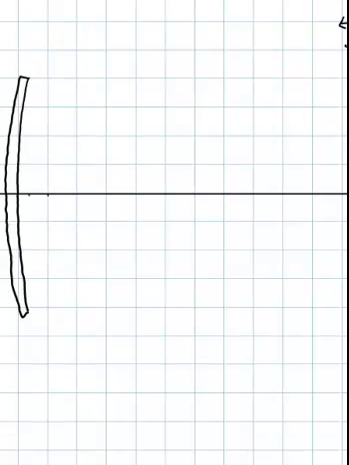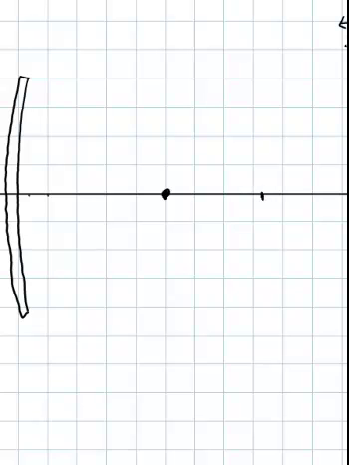I'm going to use the same scale again. Each grid line represents 3 centimeters. So what do we've got? Here's my mirror, and it's got a focal length of 15 centimeters, and my object is at 25.